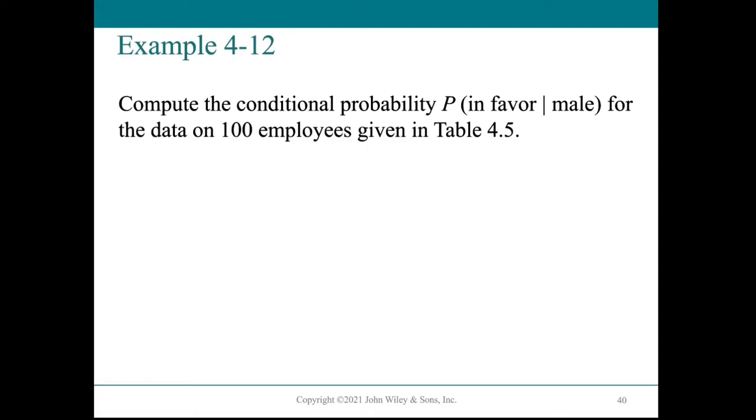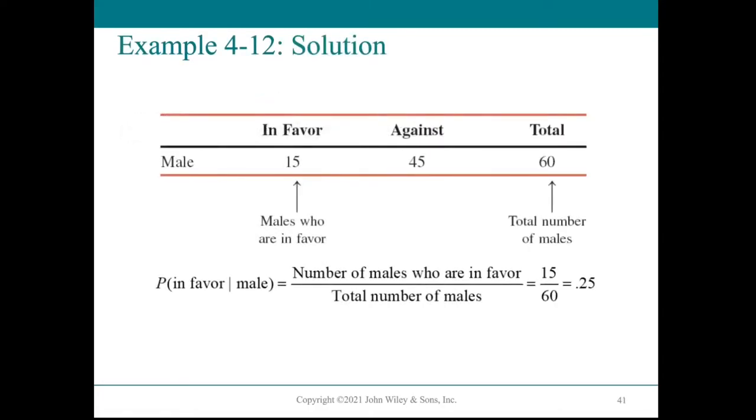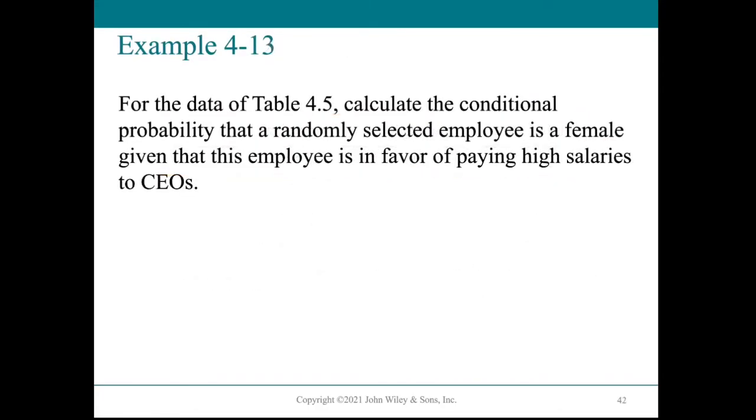The condition that comes first there is a male respondent, and you are computing how many are in favor among the male respondents. In the second example, you are looking first at the respondents that are in favor, and what is the probability of getting a female respondent among those in favor. So it's a switch around.